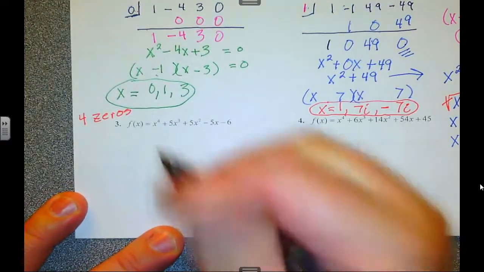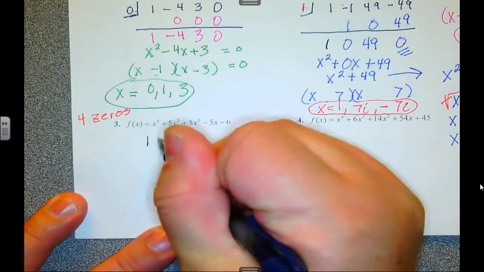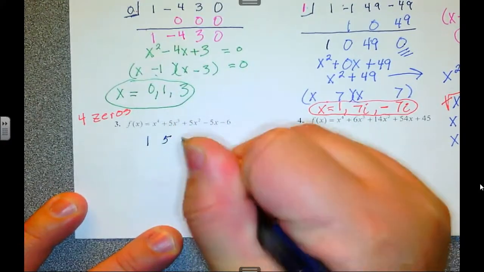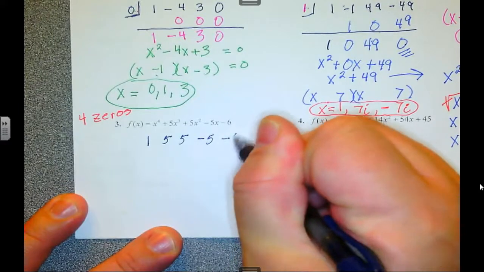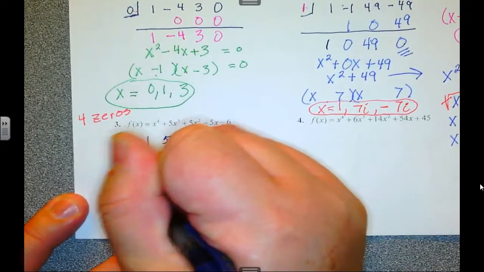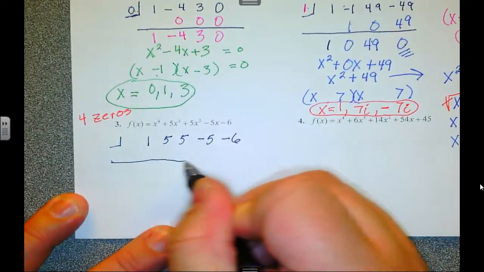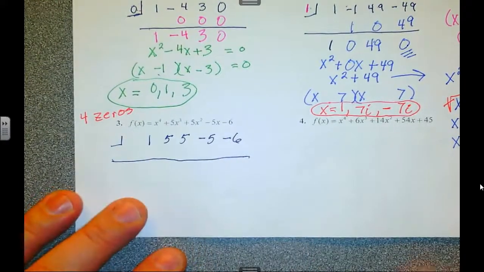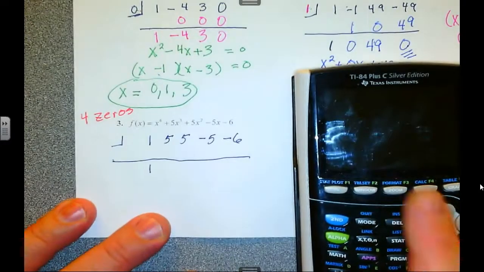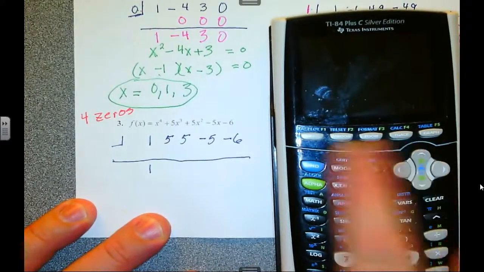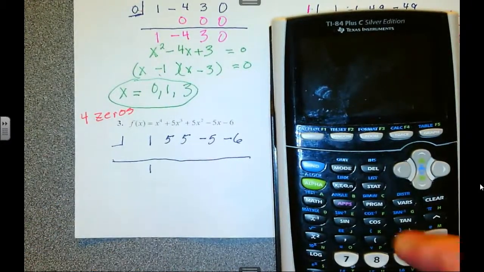Let's see, my coefficients: 1, 5, 5, negative 5, negative 6. Okay, I need at least 2 zeros, right? So I'm going to put it in my calculator.